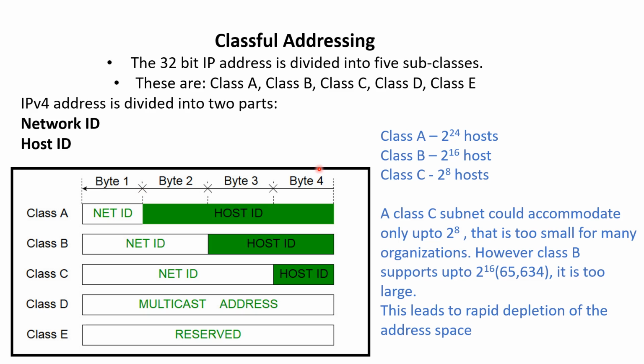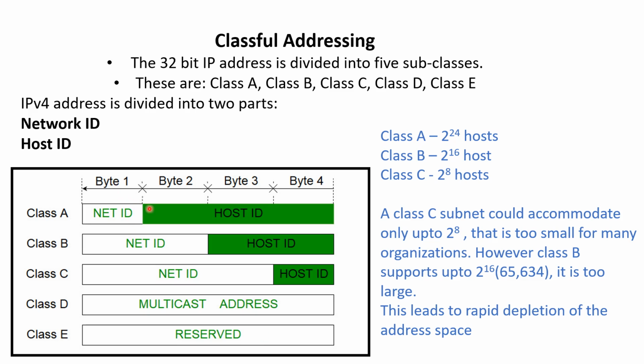We have only 5 classes for IP addressing: Class A, Class B, Class C, Class D and Class E. Class D and Class E are used for special purposes, so they are not under our consideration. Just remember that Class D is the multicast address, and Class E is reserved.